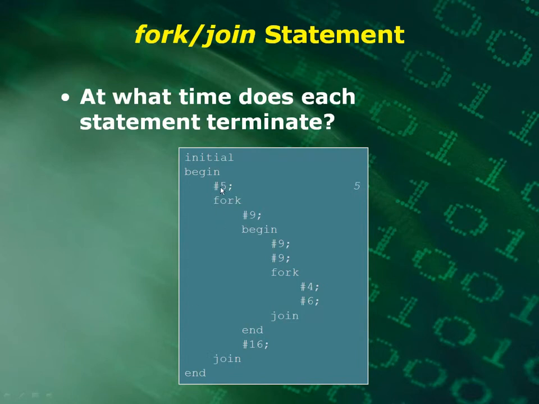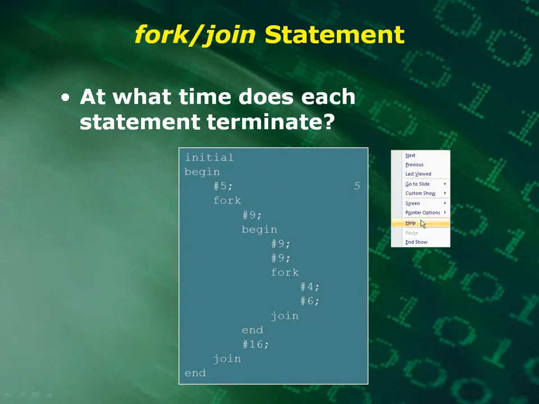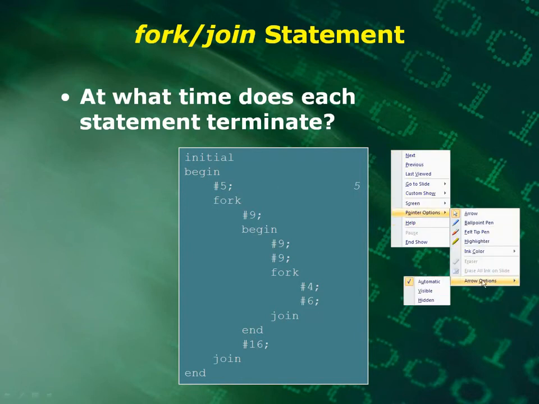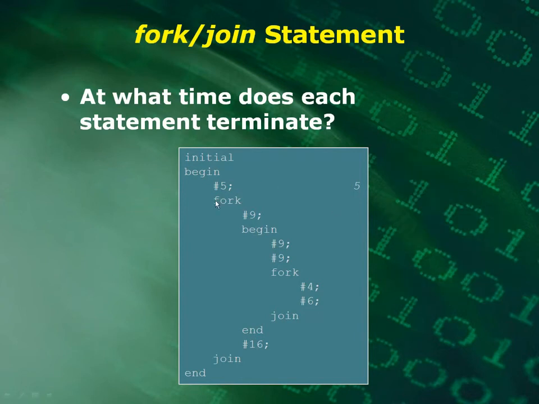So these execute sequentially, this one, then the fork join. When this one executes, it's done after 5 time units, whatever that is. So after 5 time units, this fork statement begins.